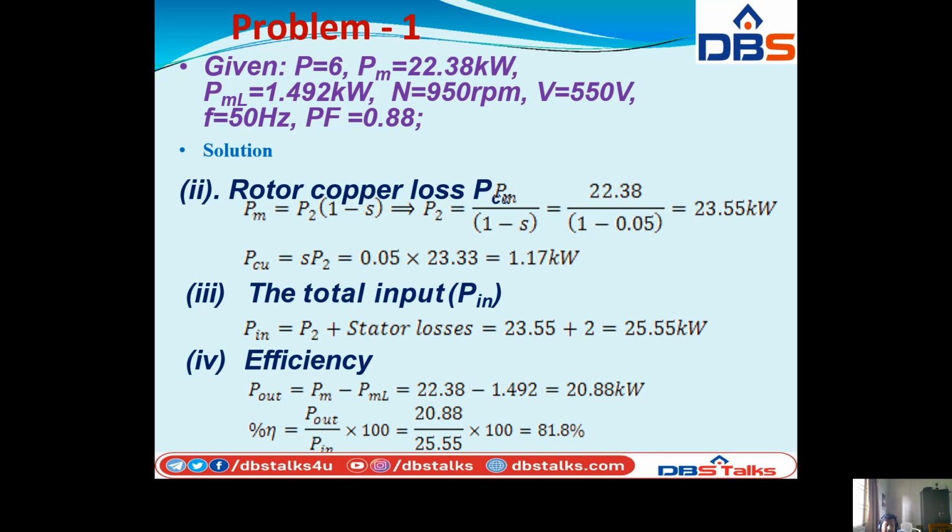But P out is equal to mechanical power minus PML, that is 22.8 minus 1.492, that is equal to 20.88 kilowatt. Therefore, efficiency of the motor is output power by input power into 100, 20.88 by 25.55 into 100, that is equal to 81.8 percent.